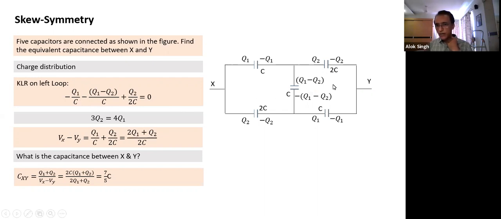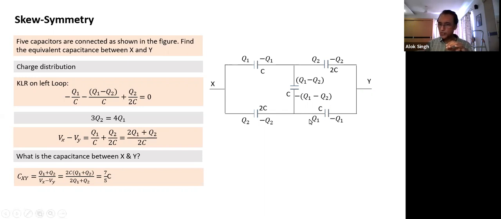I did not apply it in the right loop. If you apply this equation in the right loop also, you will get exactly the same equation. So I have already taken advantage of two loops by assuming the charge to be the same. If I don't assume, I will have two equations in Q1, Q2, Q3. Again, I can eliminate Q3 and get an equation between Q1 and Q2. But if I do so, I'll find the value of Q3 will come the same.